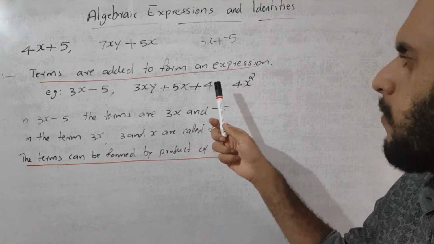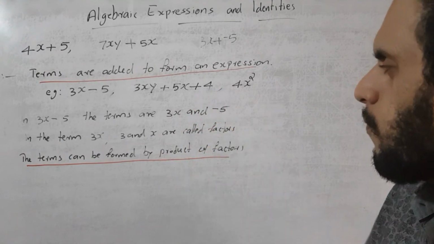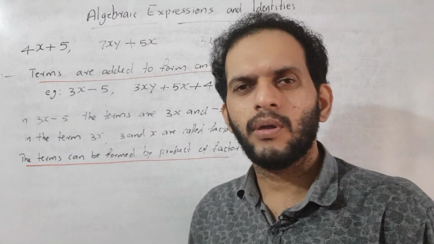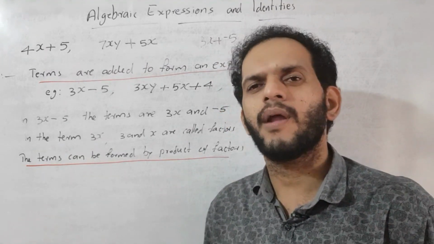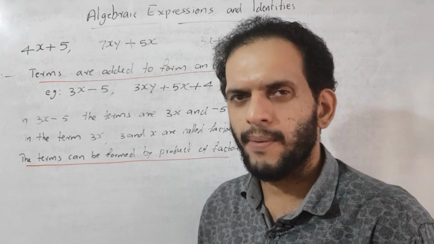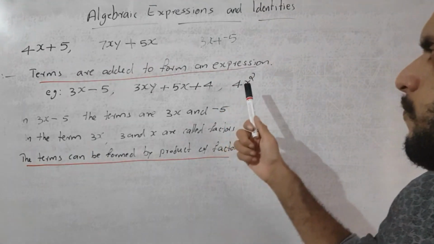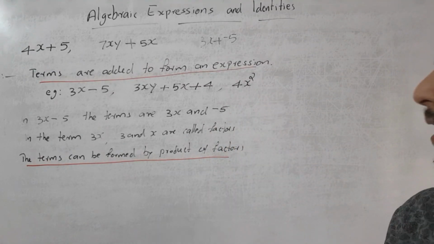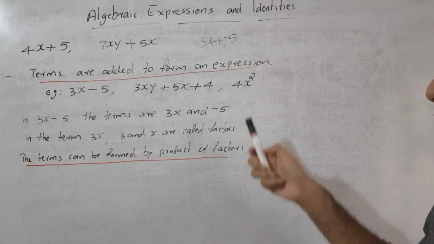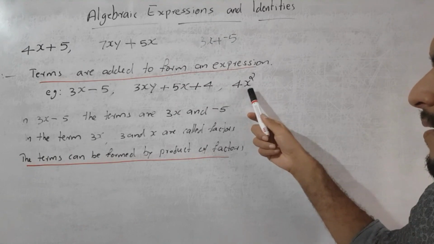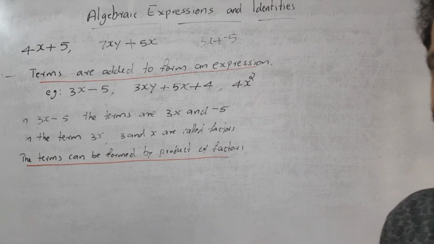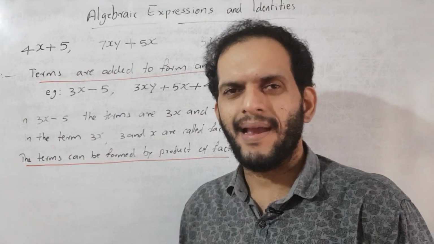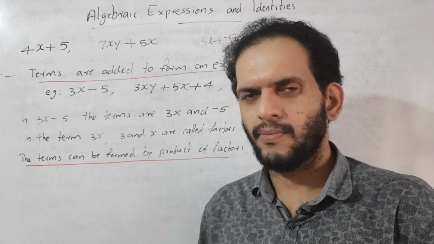And what are the factors of 4? The factors of 4 are 4 and 1. Then here 4x square, what are the factors? Here we multiply 4 and x, correct? So the factors are 4 and x.